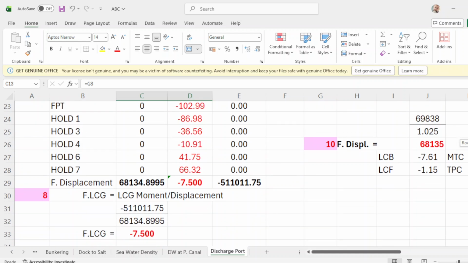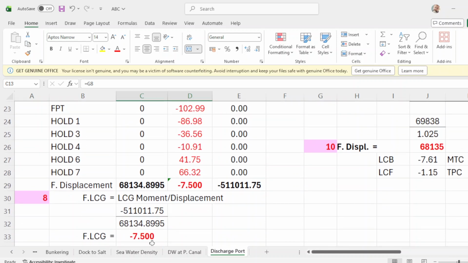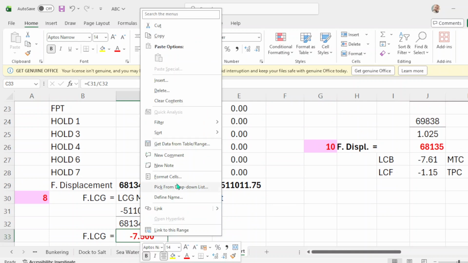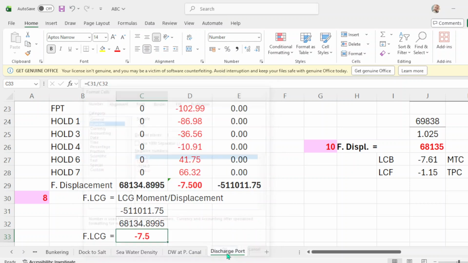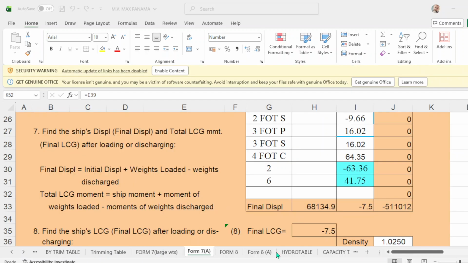So how to get the final LCG is LCG moment, which is this one, over your displacement, this one, and your final LCG will be negative 7.5, which is the same with this program.